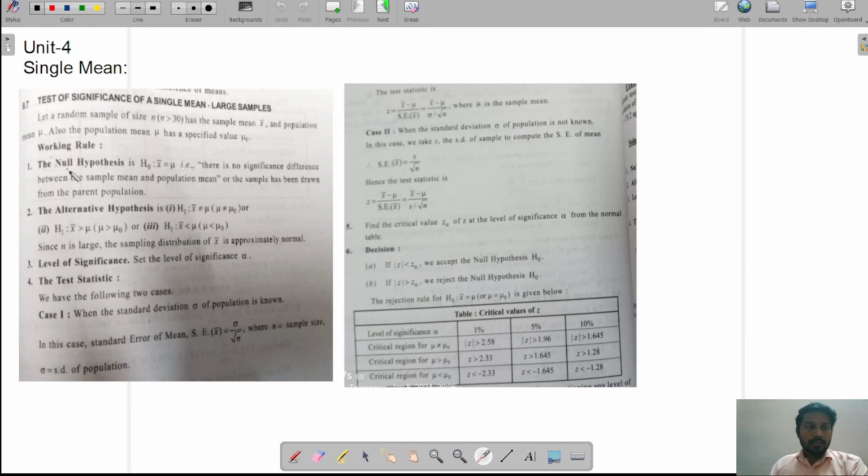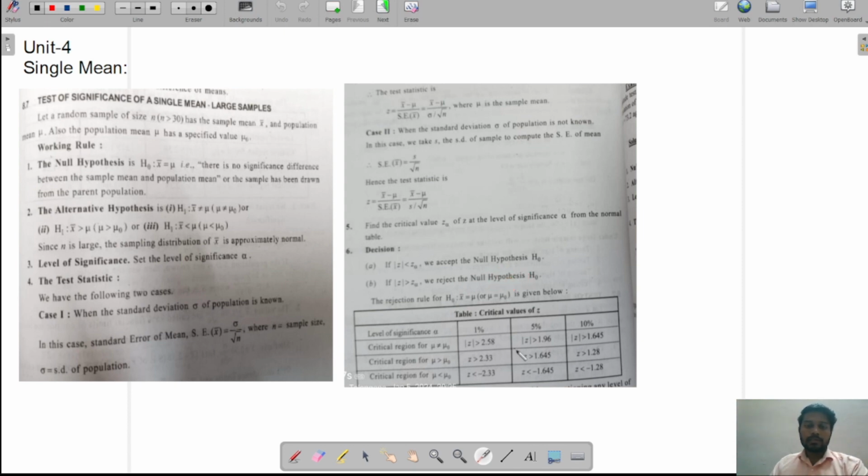This will be accepted when modulus of z is less than z alpha. Now if modulus of z is greater than z alpha, then we reject the null hypothesis H naught.